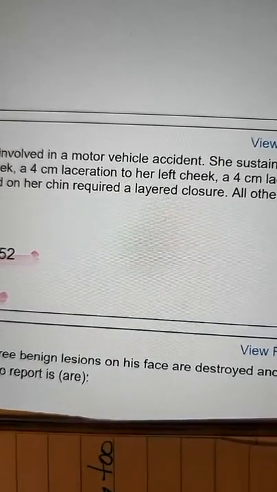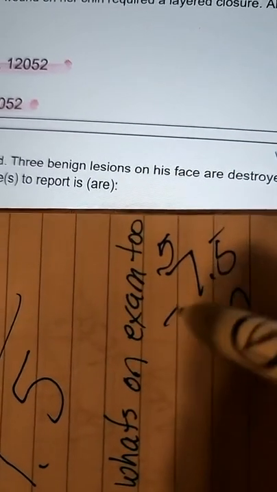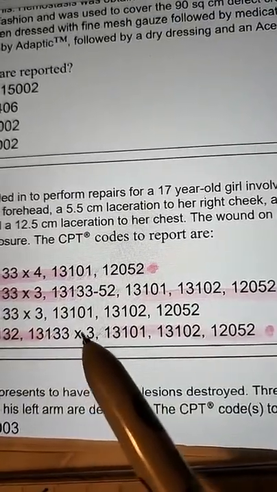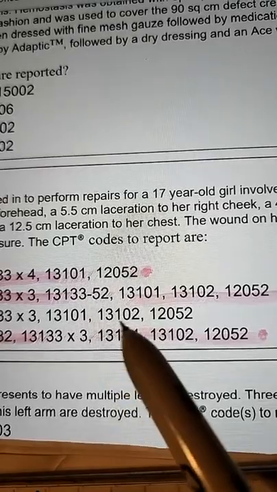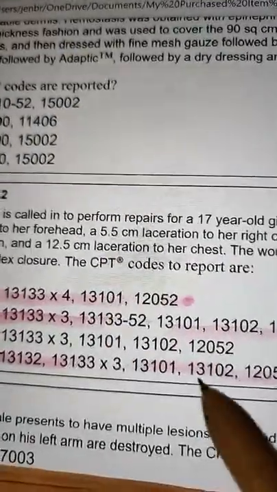The code only covers 7.5, but her chest was 12, so we had to add 5 more to it. 5 to this gets us 12.5, and her chest laceration was 12.5. That's why they added the 01, but then they added the add-on code behind it to cover that chest one. So, yep.